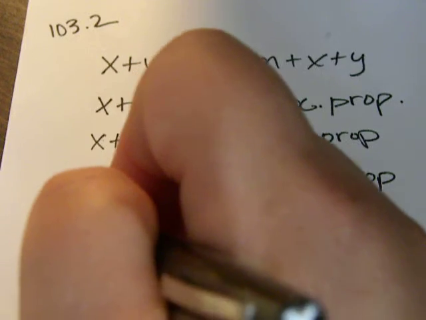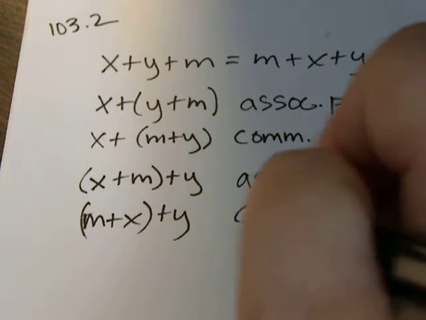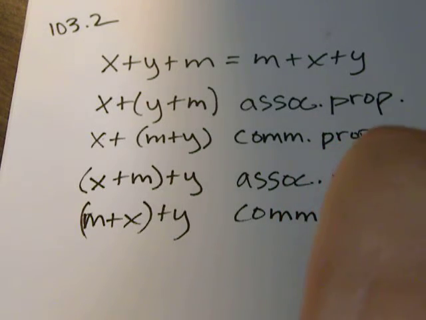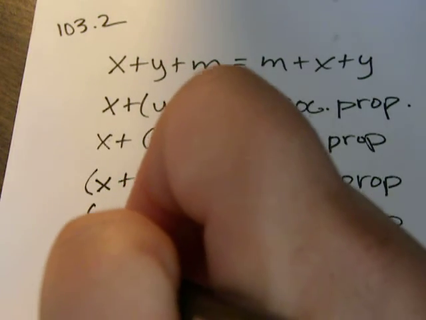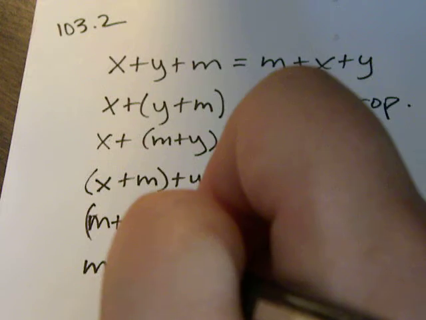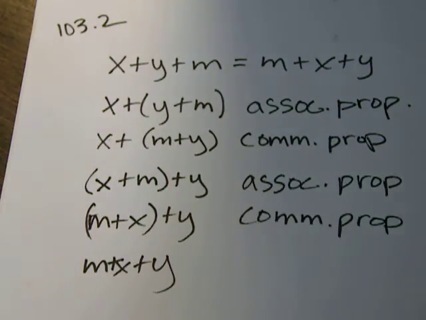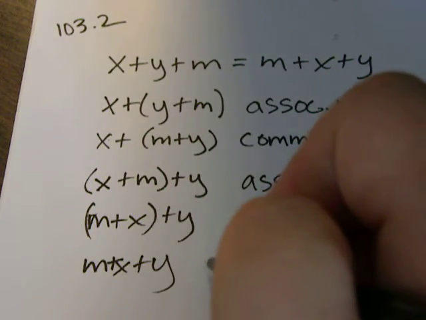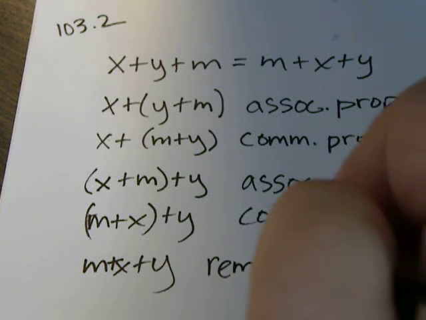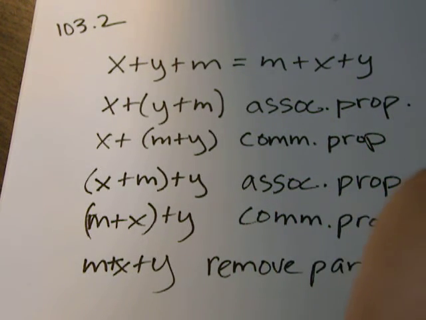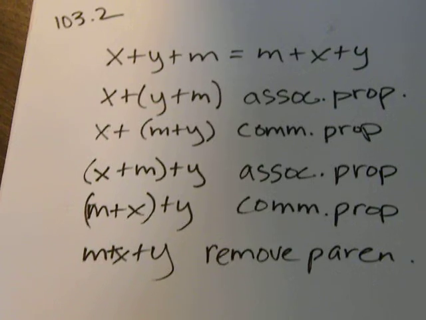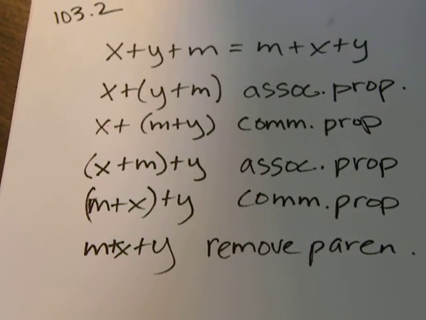I just need to make m plus x plus y, which is the commutative property. And then the very last step, m plus x plus y, all I did was remove the parentheses. Okay, so that's example 103.2.